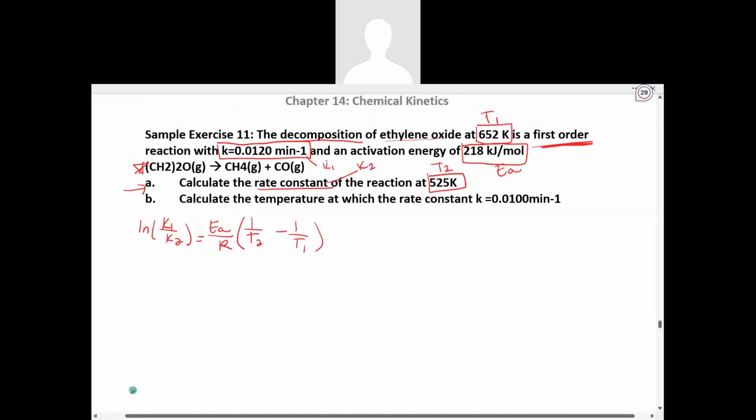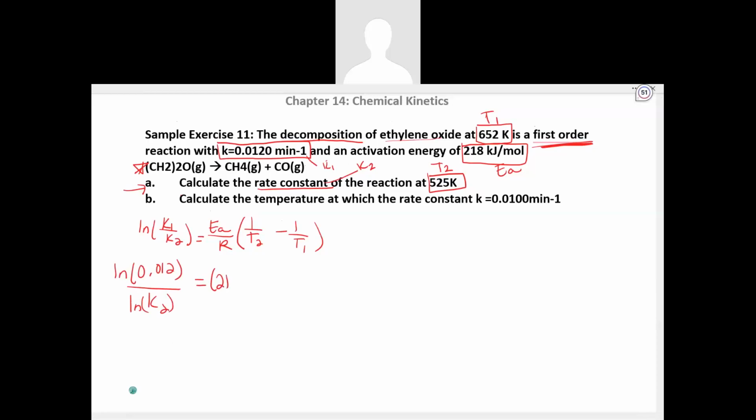So let's take a look at how we can plug in these values, solve each step of the way, and then simplify. So first we're going to have natural log of 0.12 over K2. And then this is going to equal our activation energy, 218, and that's in kilojoules per mole.